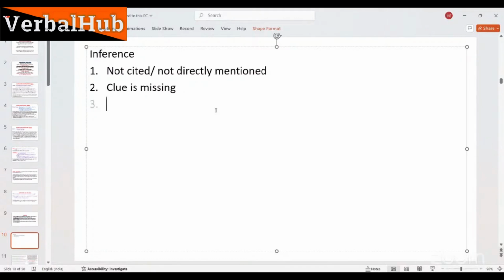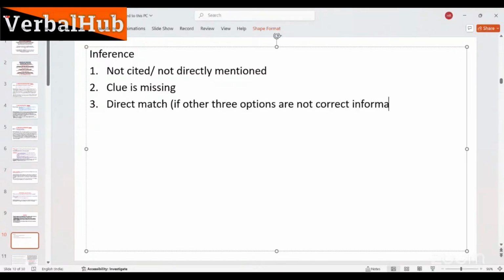And the biggest problem is direct match. In some cases there will be a direct match, meaning copy paste of information. Because it is copy paste, you eliminate it instead of picking it. Why? Because you consider that it is directly mentioned, therefore it cannot be the answer. But remember, it can be the answer if the other three options are not correct information. When you are inferring, at least it should be the correct information, right?